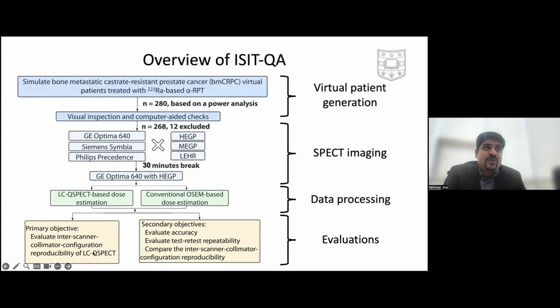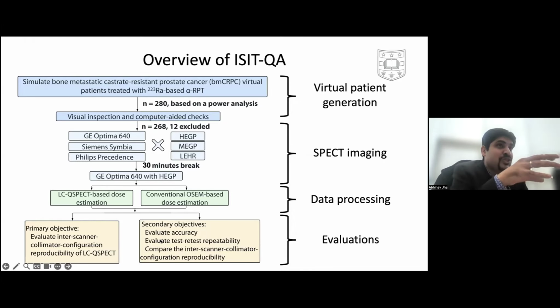The trial has a primary objective. In this case, the primary objective is to evaluate reproducibility of the method across different scanner collimator configurations. But a trial also has secondary objectives, and our secondary objectives included evaluating the accuracy of the method.